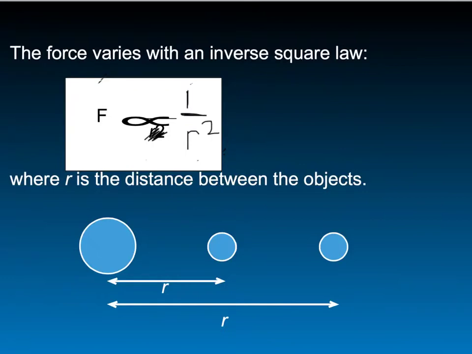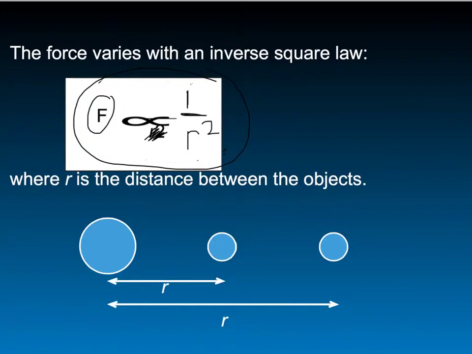The gravitational force of attraction varies with the distance between the two objects. It varies in proportion to an inverse square law. This is the inverse square law that it follows. Now what it means is that the gravitational force of attraction is proportional to 1 divided by the distance between the objects squared.